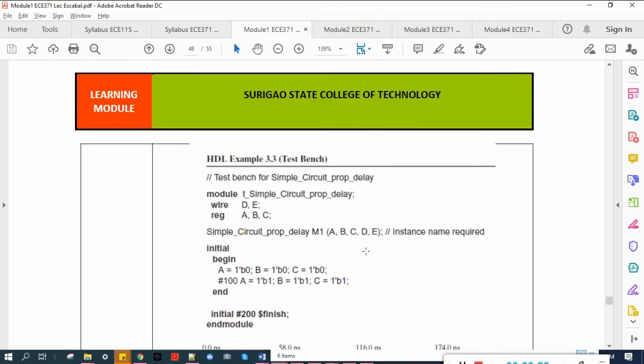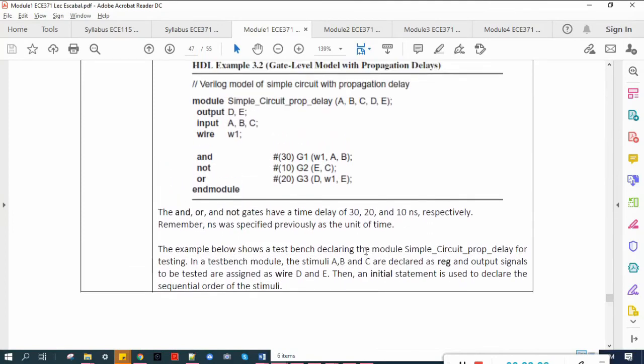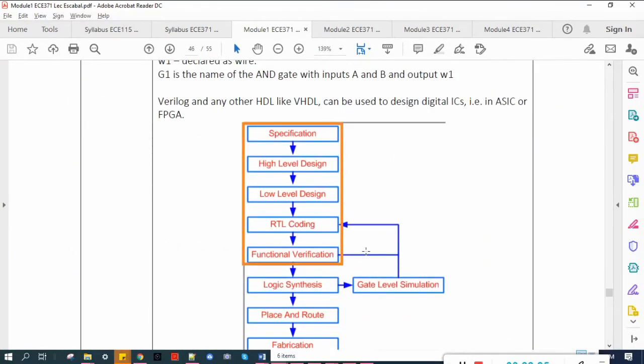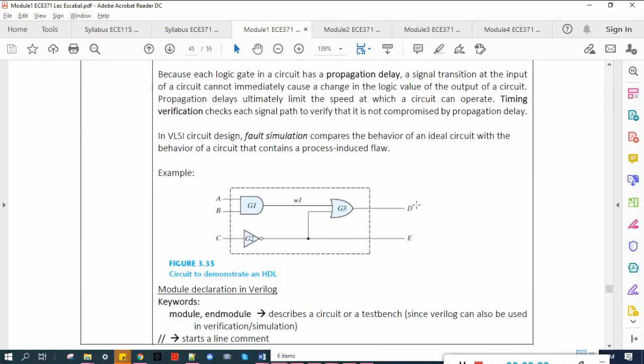Should we still check? Okay, let's check. By looking at the logic diagram, D is equal to C prime. Let's write down.